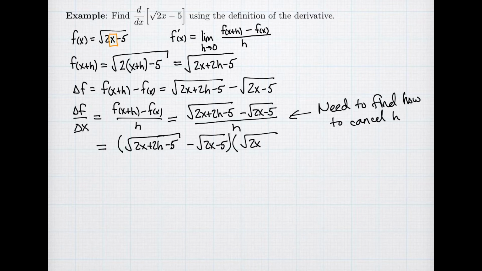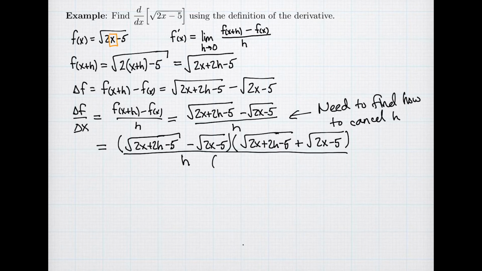And so we're going to rewrite it as, we'll multiply by the conjugate on the top, and we'll divide by the conjugate on the bottom. And so it looks like we're getting more complicated as we go until we expand the conjugate multiplication.